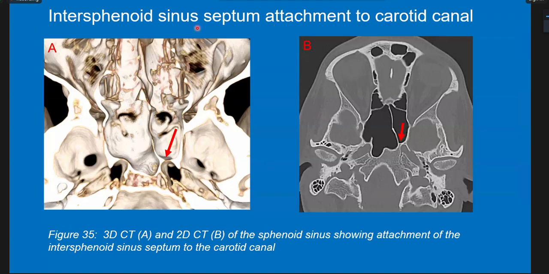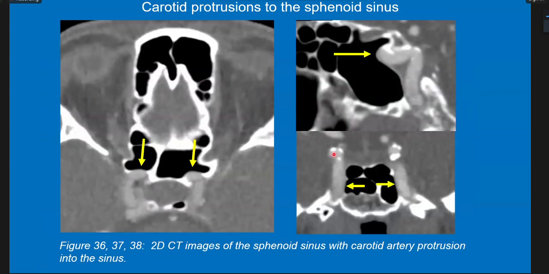Another example of the sphenoid sinus septum attaching to the carotid canal here on 2D and on 3D rendering. You also have a carotid protrusion into the sphenoid sinus. So you can see here, there's lack of bony covering of the carotid canal and the walls of the sphenoid sinus.